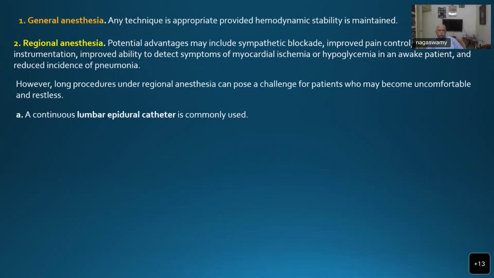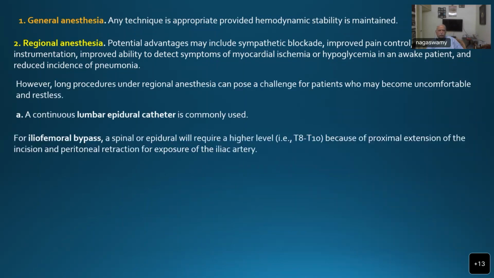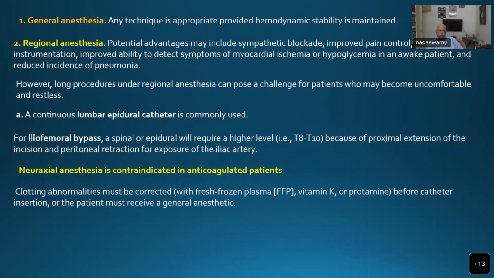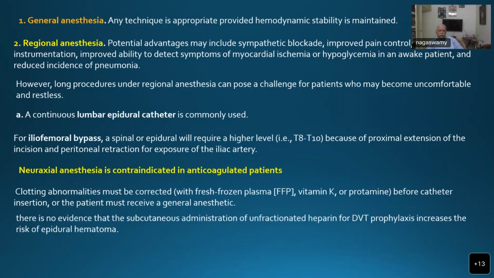Normally, a continuous lumbar epidural catheter is used, and for iliofemoral bypass, a spinal or epidural will require a higher level, up to T10, because of proximal extension and peritoneal retraction. And neuraxial anesthesia is contraindicated in anticoagulated patients. Clotting abnormalities must be corrected with either FFP or vitamin K or protamine before catheter insertion, and the patient must also receive a general anesthetic.